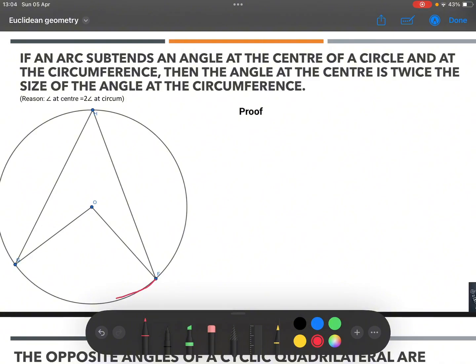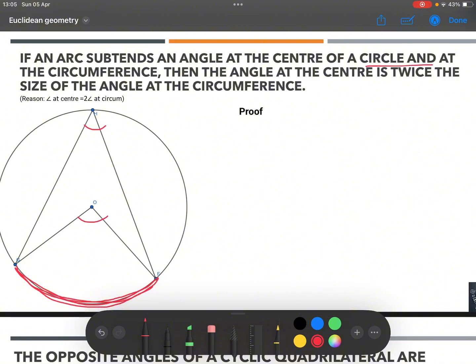If an arc, this is an arc we're talking about, arc GF, subtends an angle at the center and at the circumference, the very same arc subtends this angle and it also subtends this angle according to the theorem.